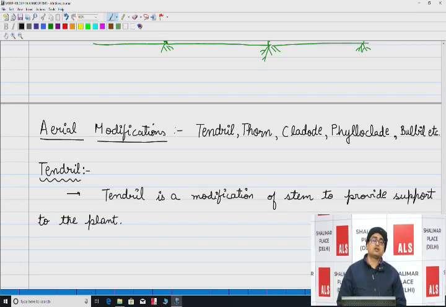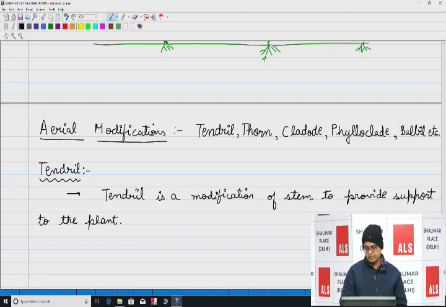Okay. Tendrils can be of many types. It can be apical bud tendril. Apical bud can be modified into tendril. The leaf can be modified into a tendril. Okay, and there are other types of tendrils.